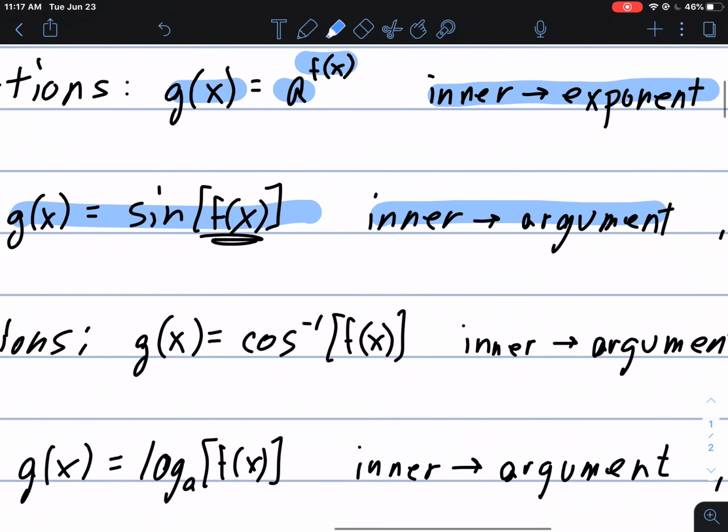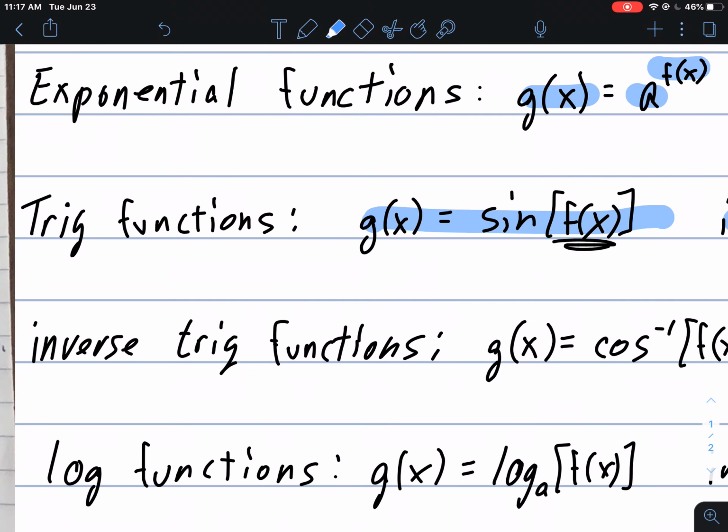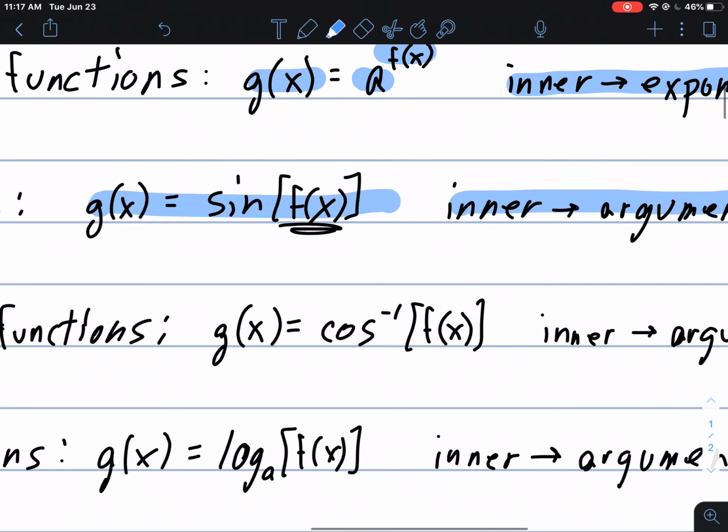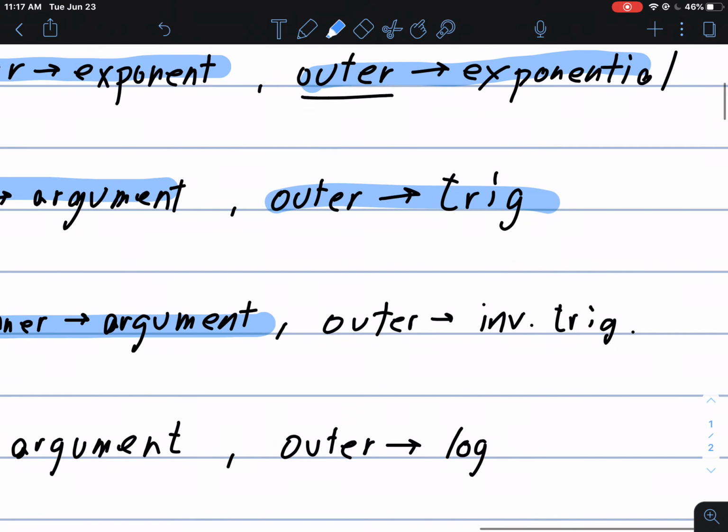But that's the recognition. I'm looking at the argument for an inner function, and then the outer function is our trig function. Similarly, for inverse trig functions, we are going to talk about those in an upcoming section. We haven't talked about inverse trig functions yet, but it's basically the same idea as the trig function. If I have an inverse trig function, then again, I'm looking at the argument as my inner function, and then the outer function is the inverse trig function.